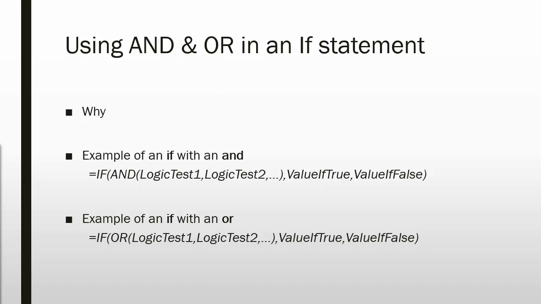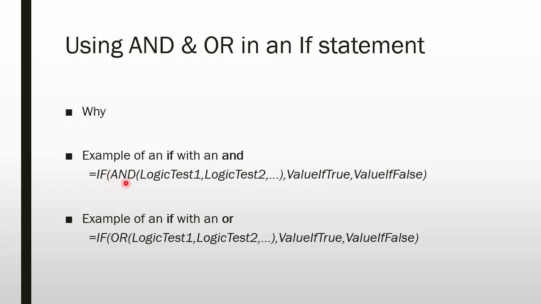So here's an example of the syntax for an if with an and. Here's the syntax and an example of what an if with an and would look like. Starts out with an equal sign, followed by if, open paren.